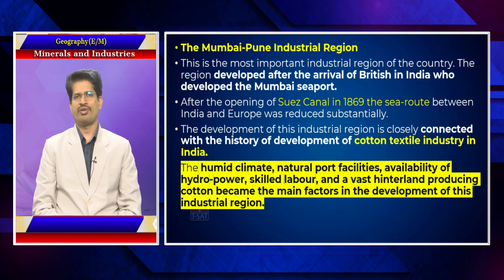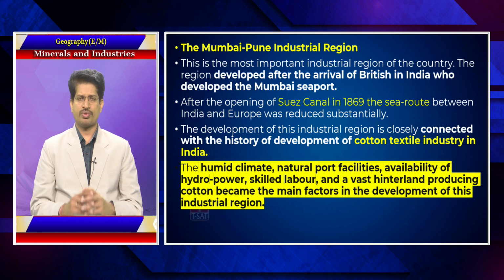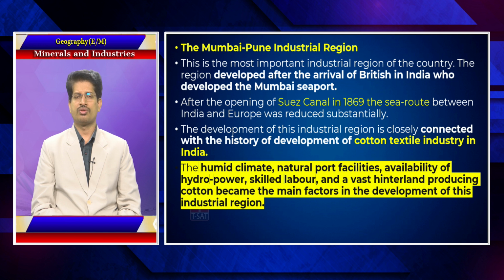A hinterland is a region surrounding a port or an industry which is responsible for supplying raw material, or the produced goods can be transported to this region, where the region consumes the produced goods.